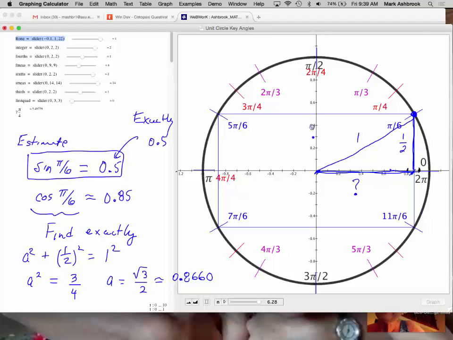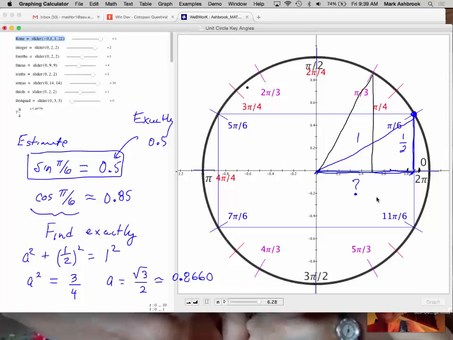Now, any questions about that? So notice the angle pi over 3. What do you notice about the triangle that we would make with pi over 3 relative to the triangle that we just made for pi over 6? It's the same triangle, right? It's just the legs are flipped. Do you see that?